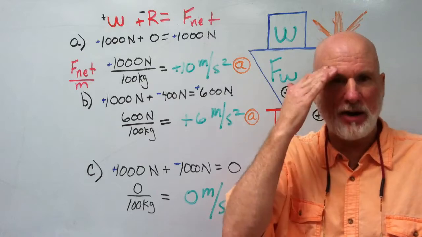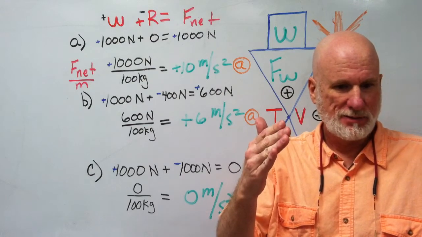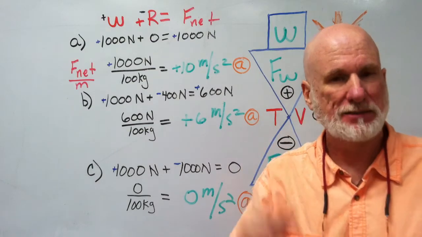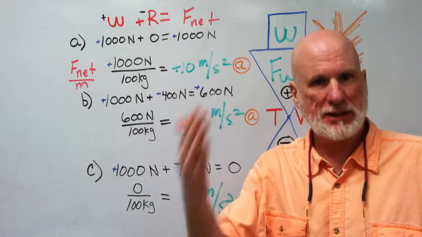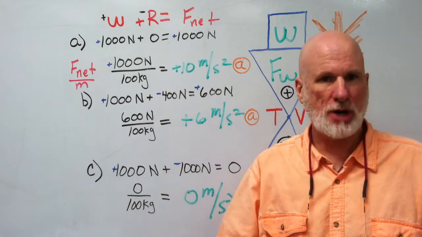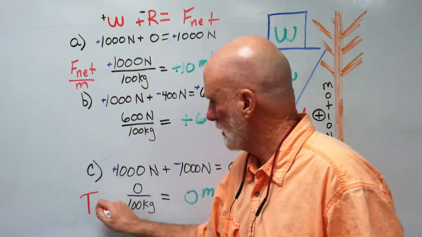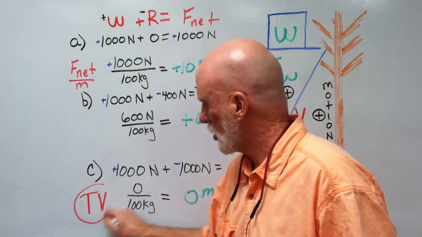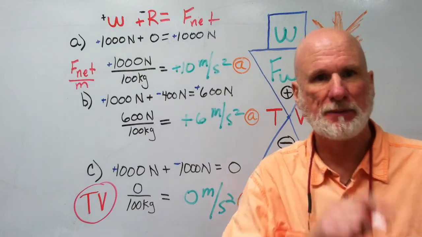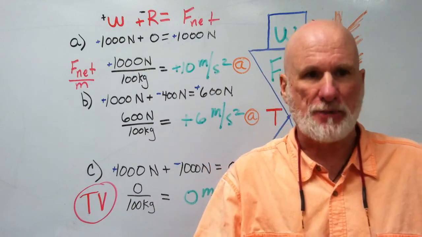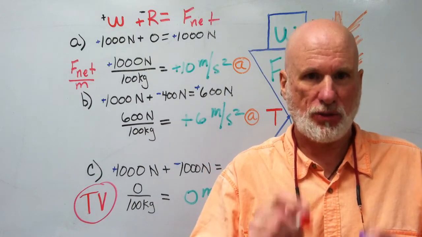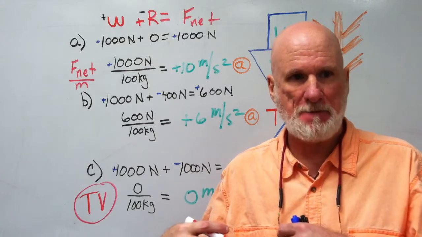Wait, I know this. Terminal velocity. 0 acceleration, constant velocity, terminal velocity. Yes, easy? TV. Terminal velocity right there. Now, I'm going to come back for part 3 and we'll finish up the problem.